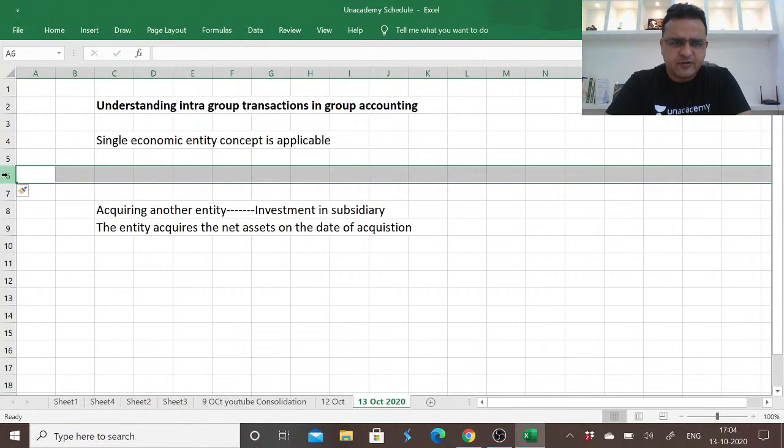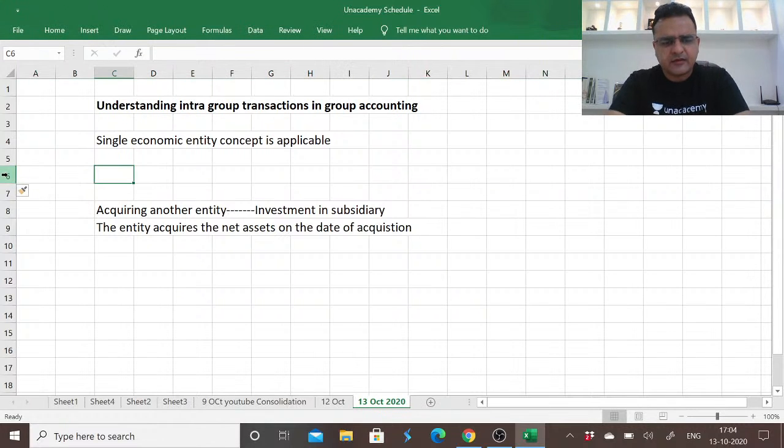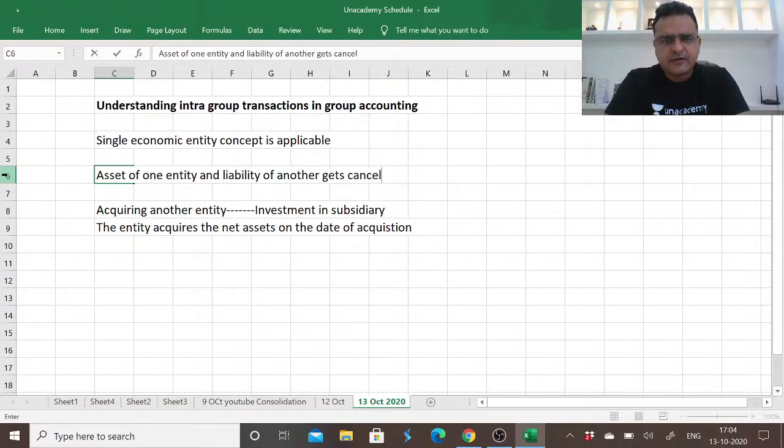So the principle to be followed is: asset of one entity and liability of another gets cancelled on consolidation.